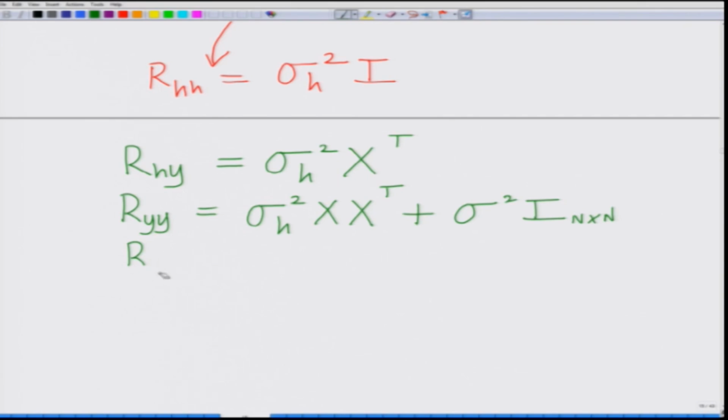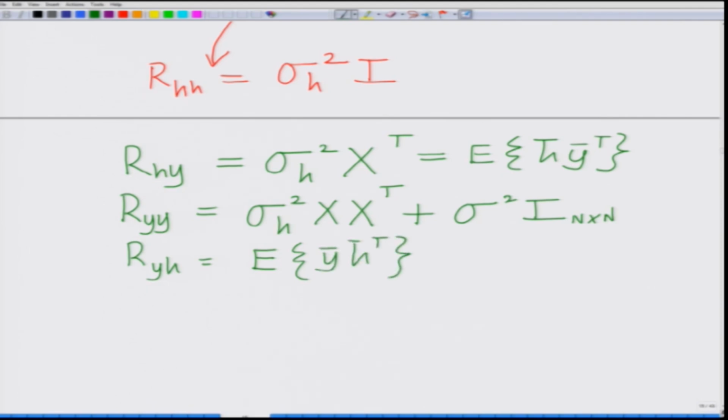We have to look now at R_YH. Remember R_HY is the expected value of h bar y bar transpose. R_YH is different; this is the expected value of y bar h bar transpose, which is basically the transpose of R_HY. Indeed, this is equal to sigma h square times X transpose transpose.